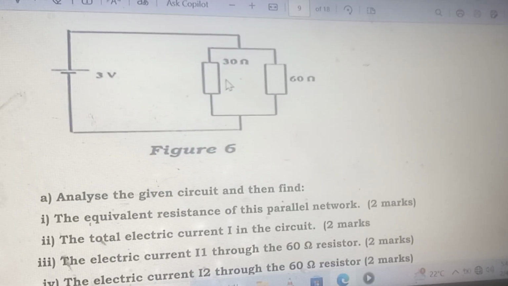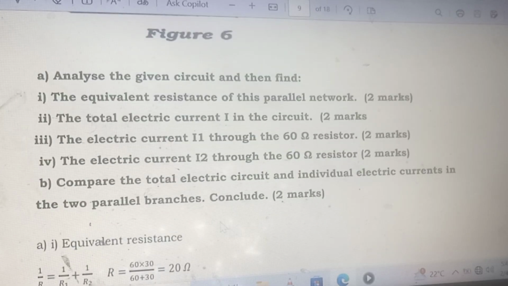A. Analyze the given circuit and then find: I1, the equivalent resistance of this parallel network; I2, the total electric current in the circuit; I3, the electric current through the 60 ohm resistor; I4, the electric current I2 through the 30 ohm resistor. B. Compare the total electric current and the individual electric currents in the two parallel branches. Conclude.